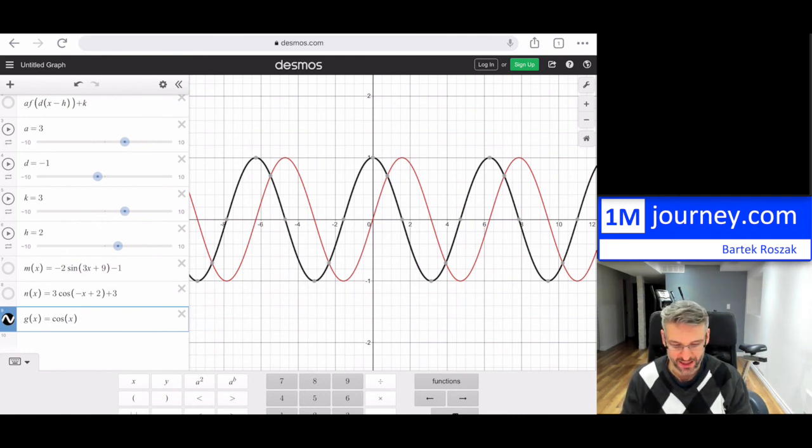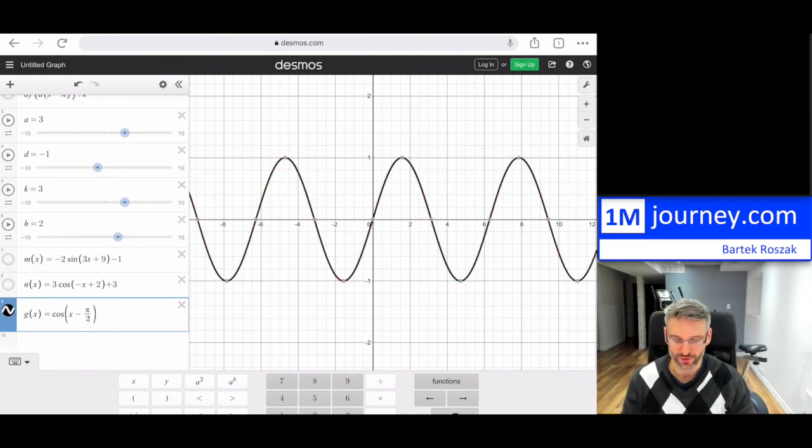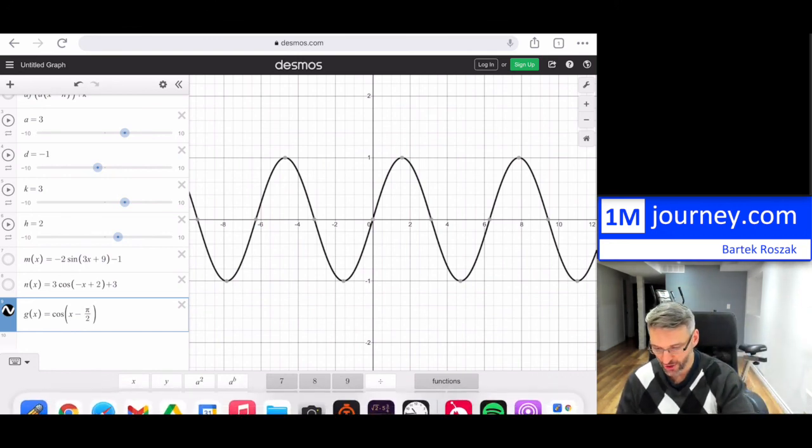Then you will notice that if I now put the h as simply pi divided by 2, it will map exactly to sine, and that's true. So sine of x is equal to cosine of x minus 90 degrees, or pi over 2. Those are actually identical. So sines and cosines, in terms of functions, are just translations of each other. That's all. All right, so this is it.